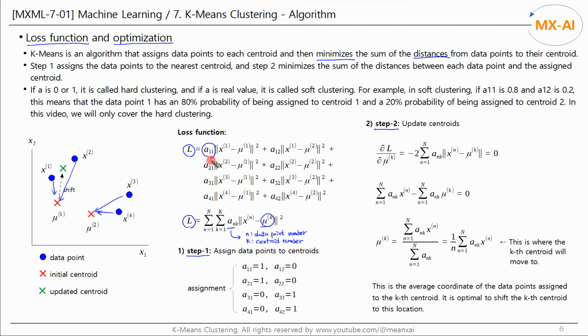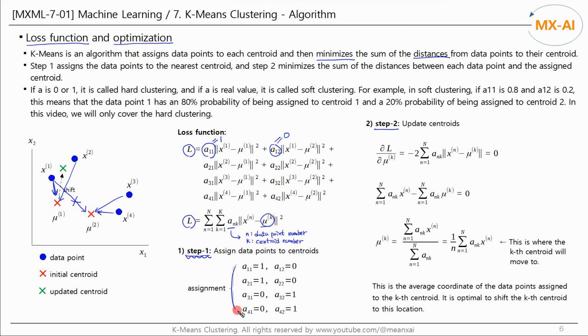Since the first data point is assigned to the first centroid, A11 is set to 1. Since the first data point is not assigned to the second centroid, A12 is set to 0. Step 1 assigns data points to each centroid. The assignments, A's, are set as follows.